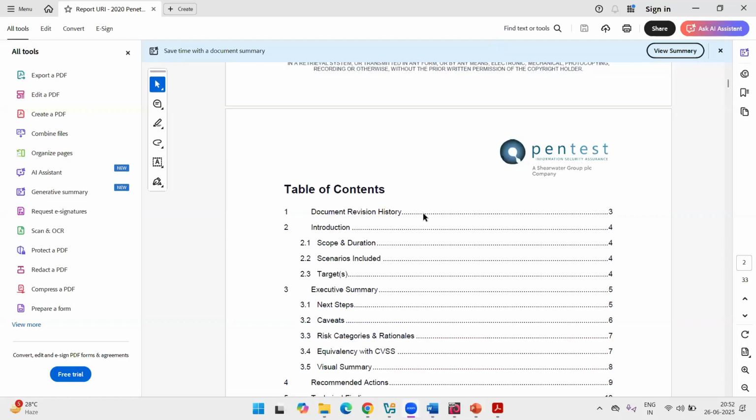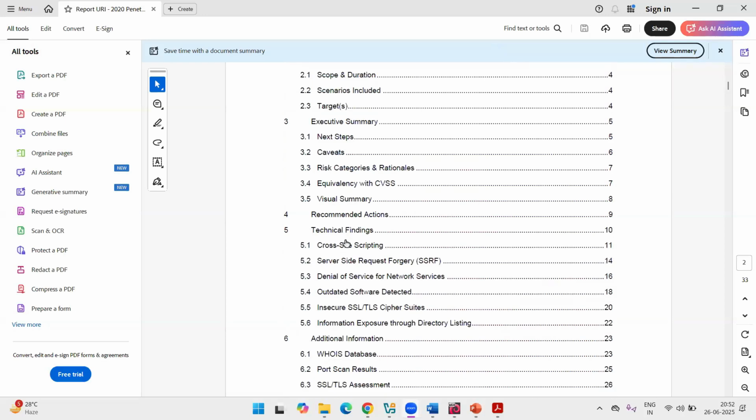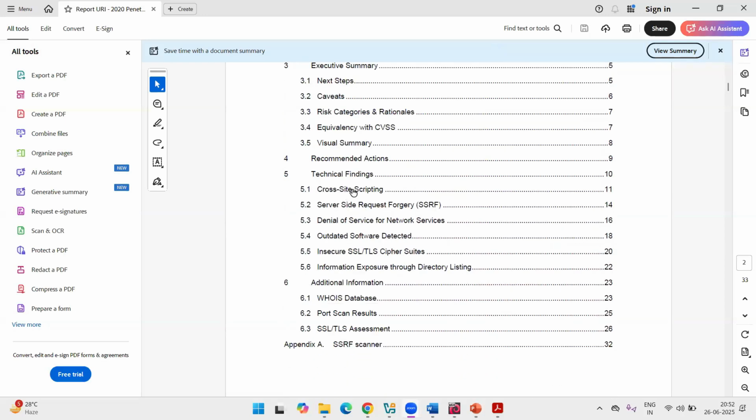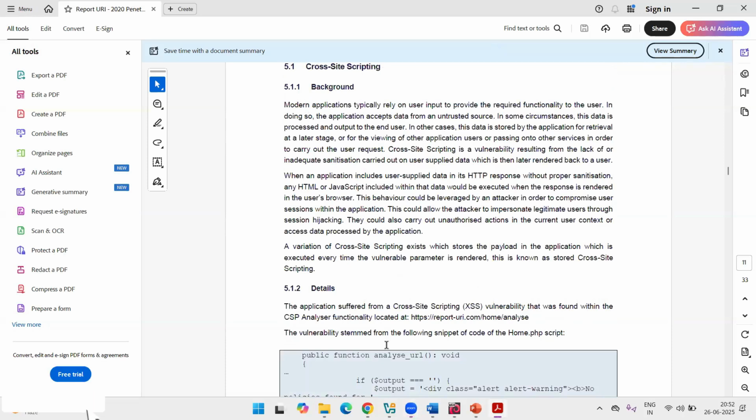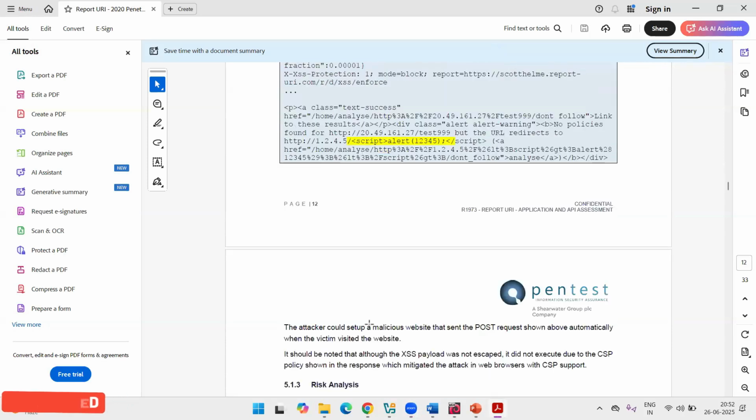Of course, it should have all the issues in it, that is a different case, but the report should look good. This is a sample report I have. These are technical issues, whatever you identified once you do the assessment, you will add it over here with all the details. So these kinds of reports we need to create.